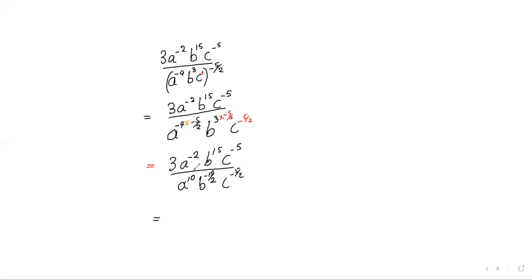Now, we use the second law of division. a cubed divided by a to the power of 10. If we divide, we subtract, it's going to be a^-2 minus 10. Remember, a squared divided by a to the power 10. The bases are the same. We write one base and we subtract the exponents.